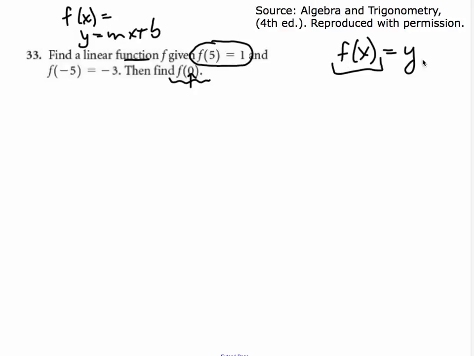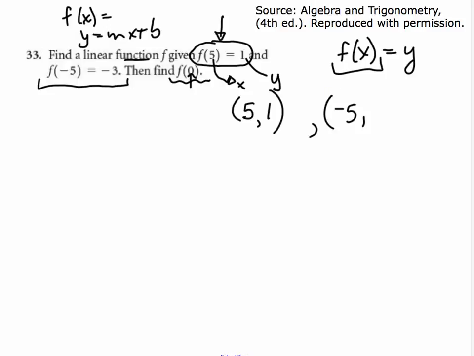So this thing here would be an x value, and this one here would be a y value. So in giving me this piece of information, they're basically giving me a point where the x value is 5, y value is 1. Then they also say f of minus 5 is minus 3. So there they're giving us another point, minus 5, minus 3.